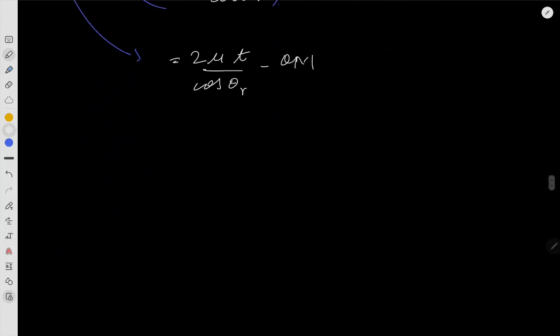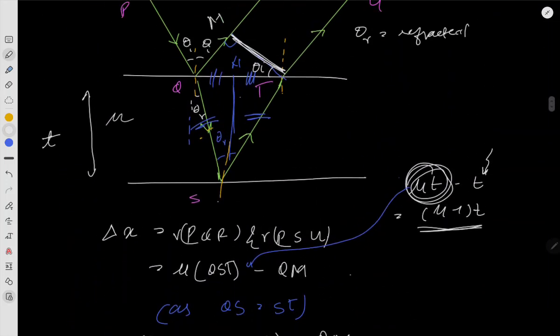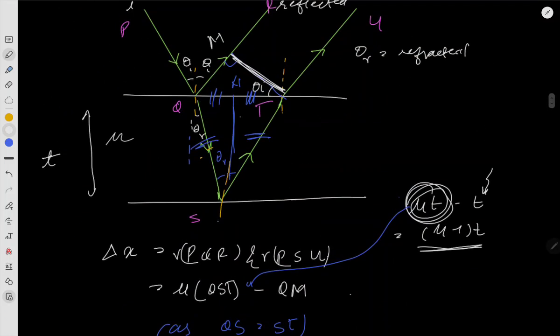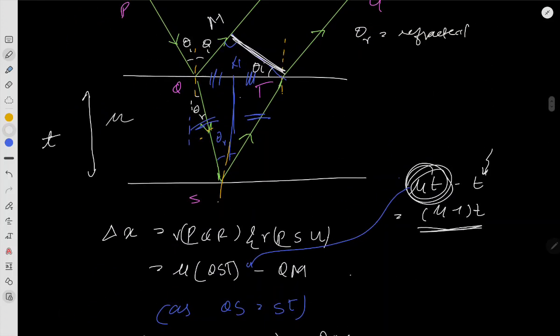So let us draw our triangle there. This is theta I, this is QM. The diagram is not accurate, but still for understanding we can use it. This is T. Okay, and we can write QT.